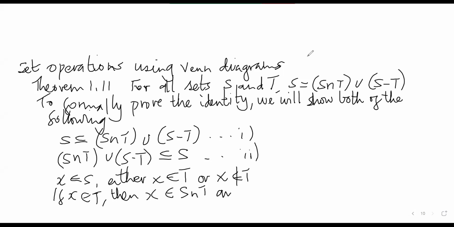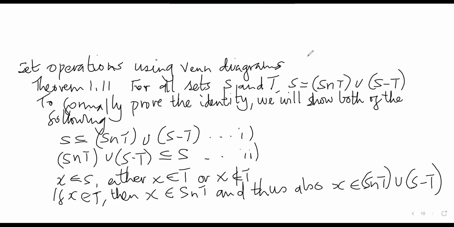And thus also X will be a member of S intersection T union S minus T. Because X belongs to S and T, it must be a member of S intersection T, and thus it will be a member of S intersection T union S minus T.